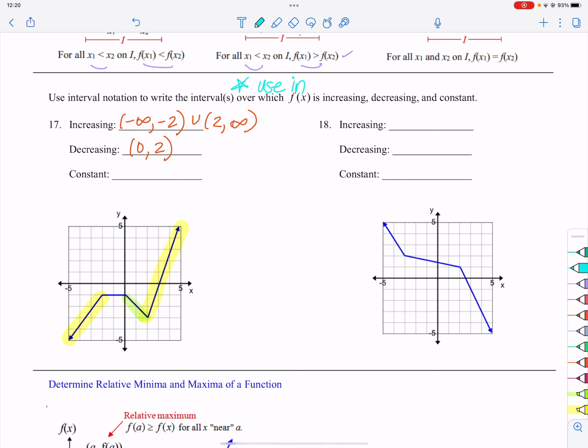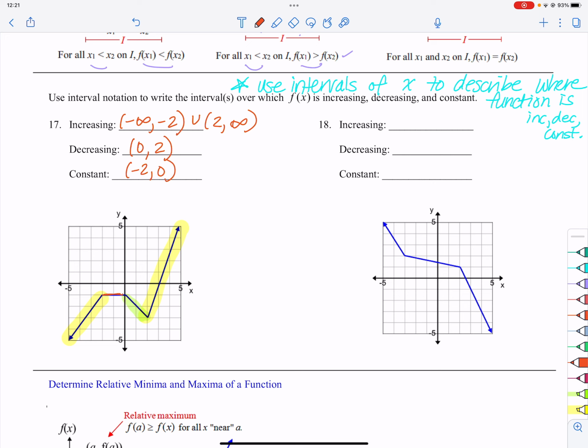Use intervals of x to describe where the function is increasing, decreasing, and constant. We want to make sure we always use intervals of x. Okay, and as you can see, we are constant right here, and that would be from -2 to 0.